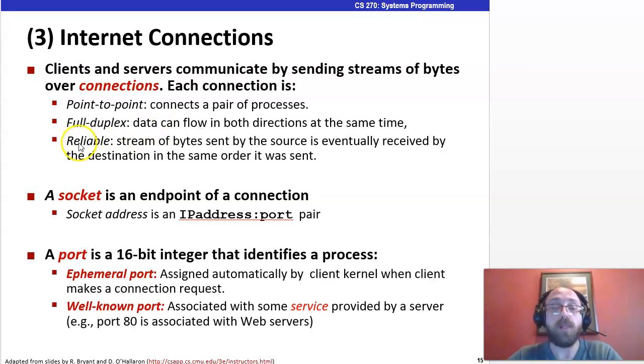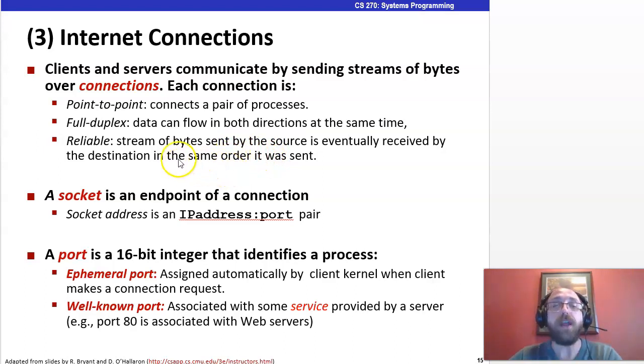And it's reliable, meaning when I send a stream of bytes, for example, from the client to the server, making my request, it will be received by the server in the same order that it was sent. If one of those packets went missing for some reason, it will be resent automatically, and that's handled by the kernel's TCP/IP implementation as well as the network hardware between here and there.